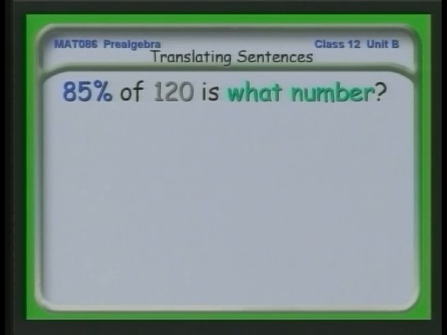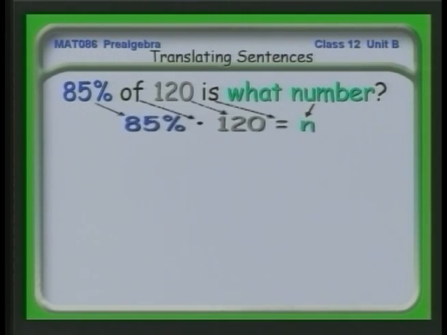Here's our first example. 85% of 120 is what number? Guess what the whole thing is? The whole thing is 120. So we're given the percent, 85%, the whole thing, 120, and we're asked to find what's left, what number, what part of 120 is 85%.